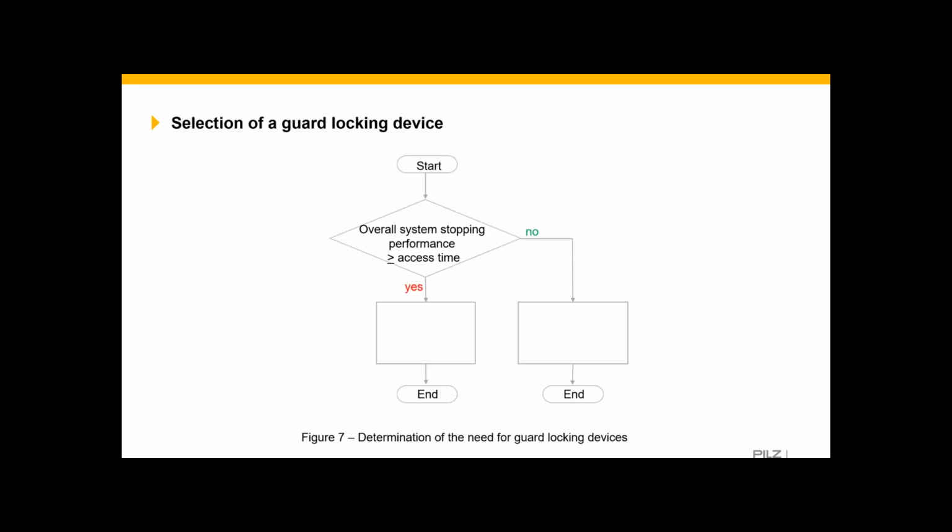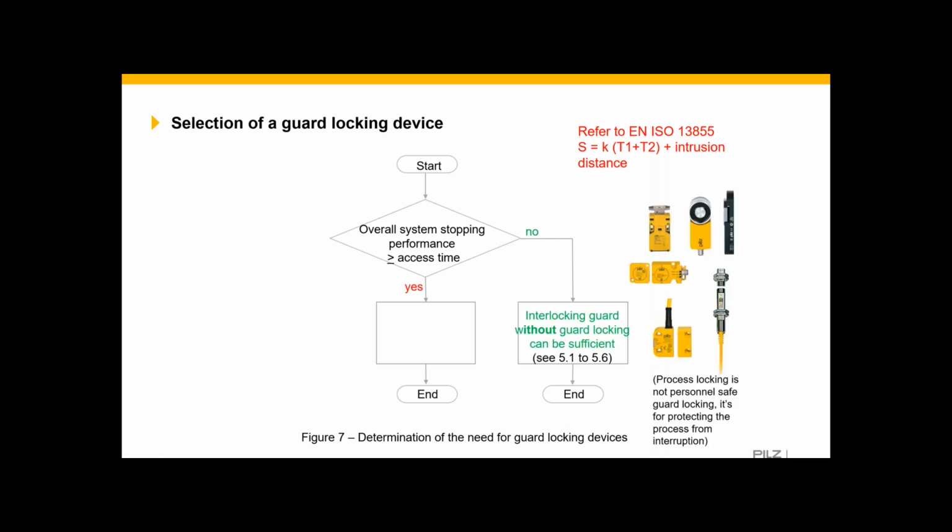So, selection of guard locking devices. This is the table that's taken out of 14119. We start with, what's the overall stopping performance against the access time? If the stopping time of the machine is less than the access time, then we can use an interlocking guard without guard locking, and that can be sufficient.